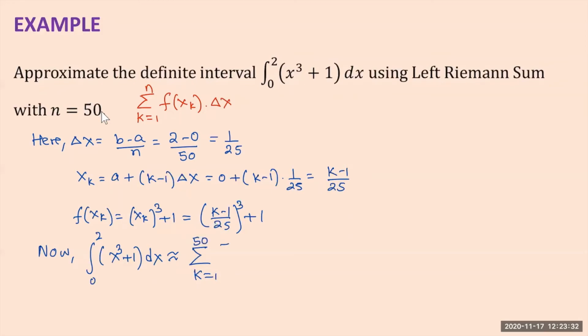And then we need f of x k. F of x k is this one, which is k minus 1 over 25 cubed plus 1. And then we have to multiply by delta x. Delta x is 1 over 25. So this will be equal to, if I simplify this using calculator, 5.8416. You can try that later on.